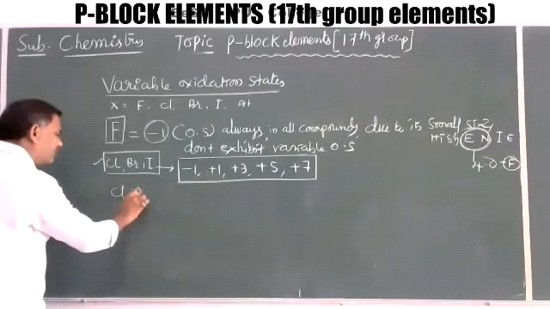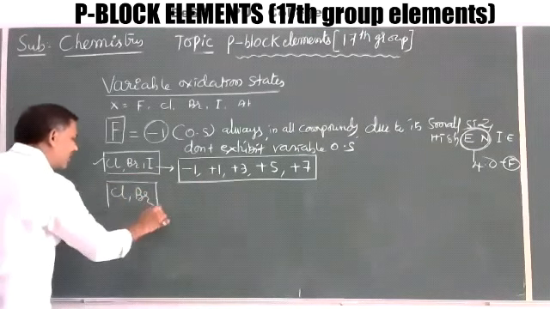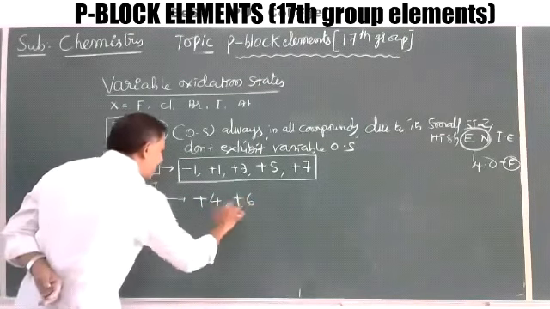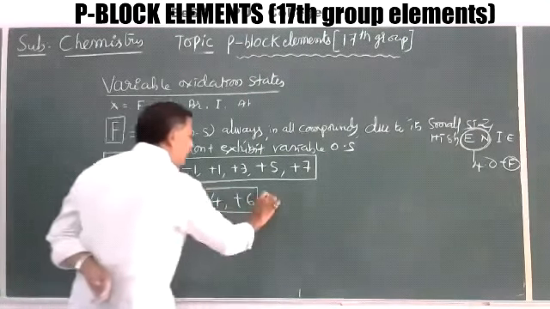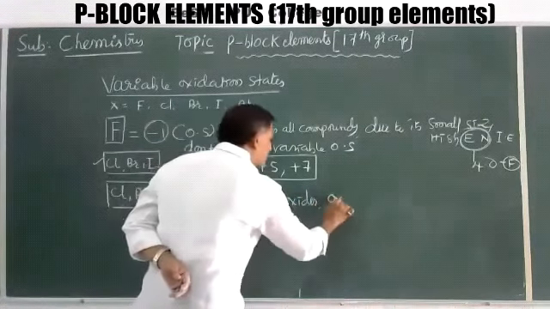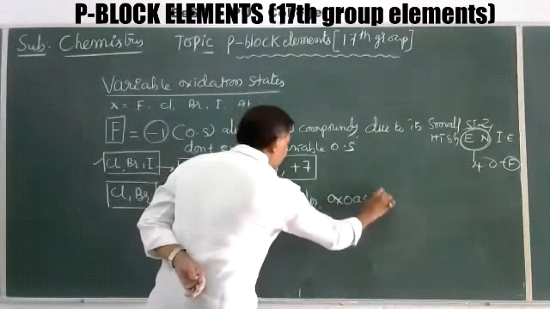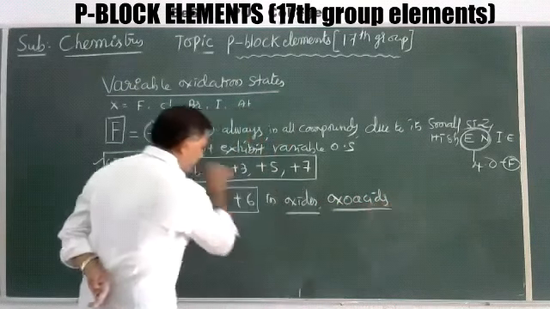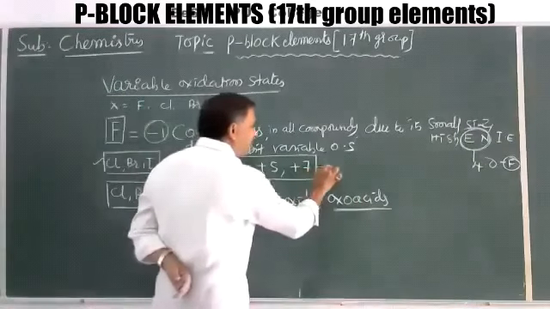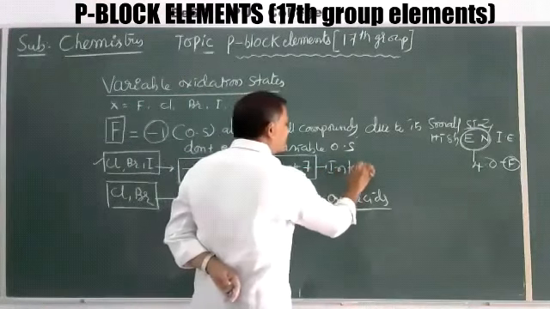Particularly chlorine and bromine also exhibit +4 and +6 in oxides or oxo acids. I'll explain these oxides and oxo acids. Now these are exhibited in interhalogen compounds.